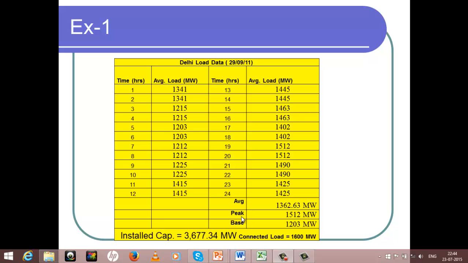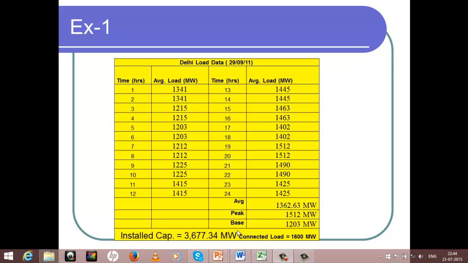The average of all these 24 hours is 1362.63 megawatt. That means for the complete day, the average power consumed by this Delhi area is 1362 megawatt.